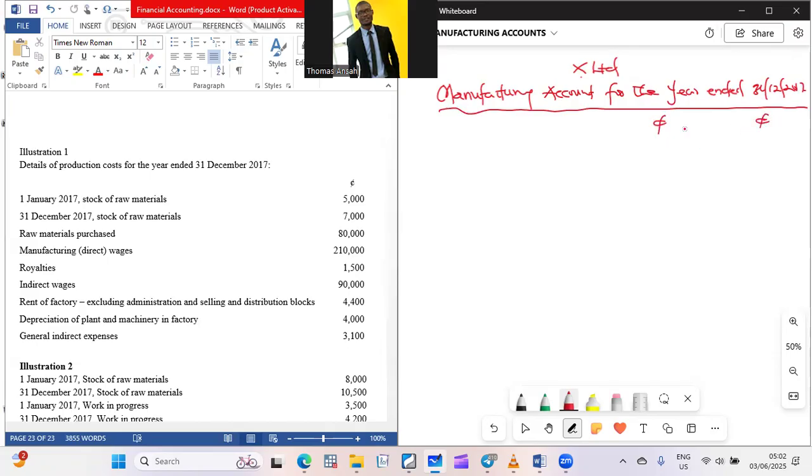So what do we start with? We start with direct materials, right? We start with the opening stock of direct materials, so the opening inventory.